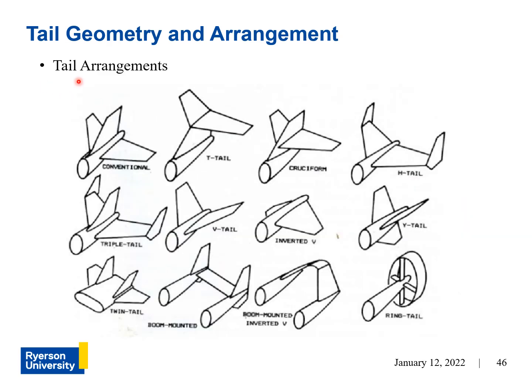Now, there are many tail arrangements that can be used for aircraft. The most typical one is called the conventional tail arrangement, and you can see it here, where the horizontal tail surface is located here, and the vertical tail surface is just here.